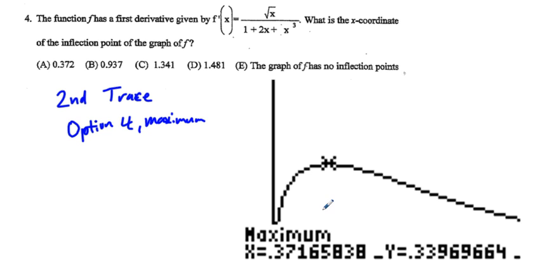And then for that, we would get our inflection point, which is going to be here, answer A. So that's really this whole section here.